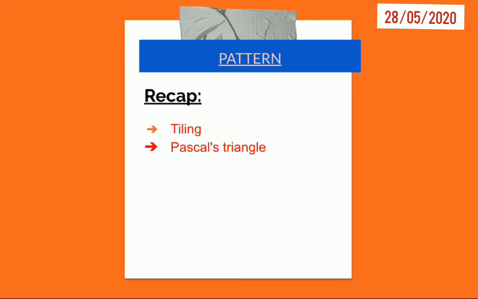Then we have learned about Pascal triangle. What is a Pascal triangle? Pascal triangle is one of the most interesting number patterns which was named after Blaise Pascal, who was a famous French mathematician, isn't it? Then we have learned how to build Pascal triangle.